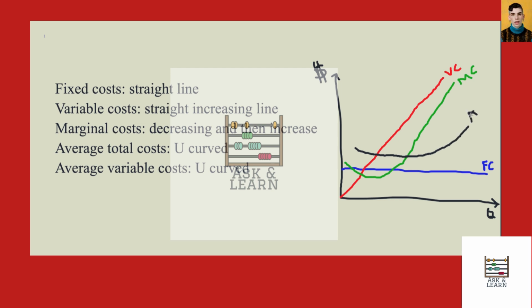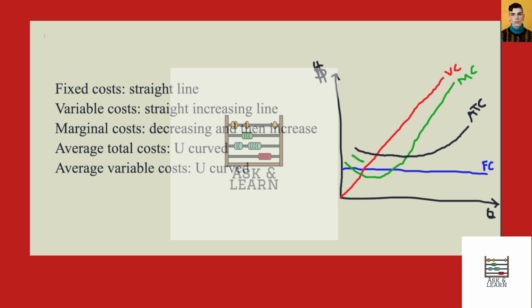And that comes from a little law called the average-marginal law. That's that if your marginal is greater than your average, then your average is going to start increasing. But if your marginal is less than your average, then it's going to drag your average down.